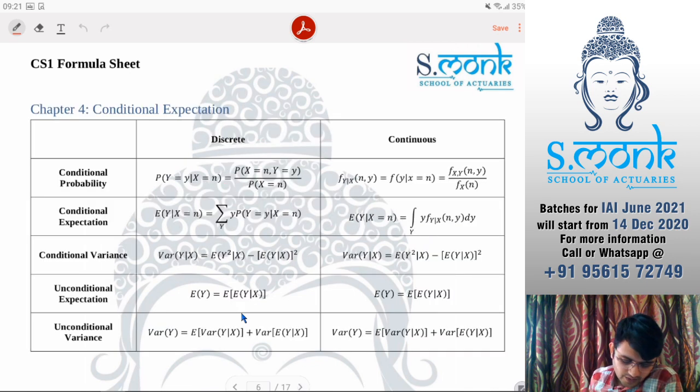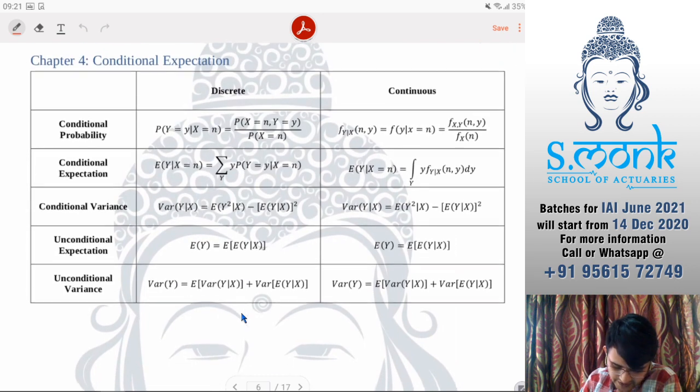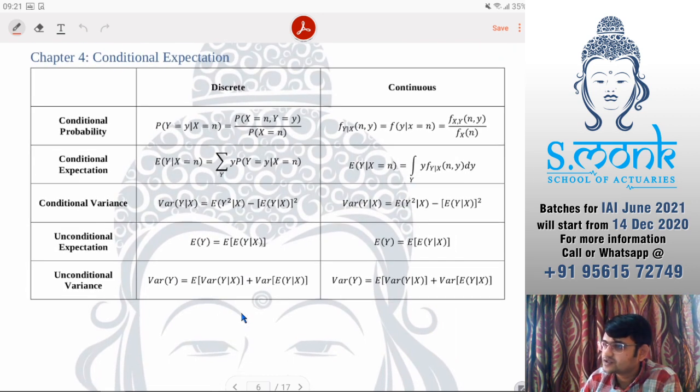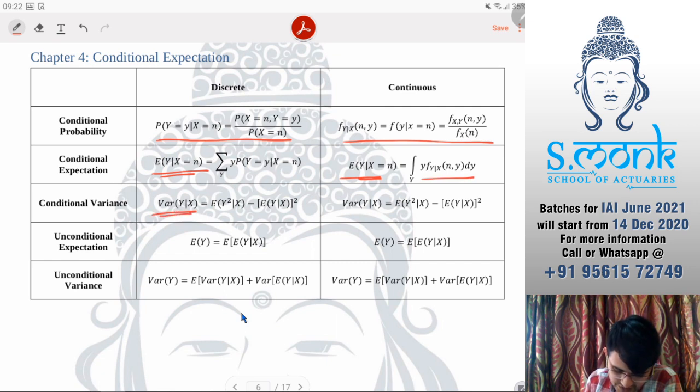Now let's talk about conditional expectation. In conditional expectation, we have very few formulas. Literally, these are the only formulas you have to take into consideration. Conditional probability for discrete and continuous. Then conditional expectation. Then conditional variance: the variance of y given x would be nothing but the expected value of y square given x minus the expected value of y given x, whole square.